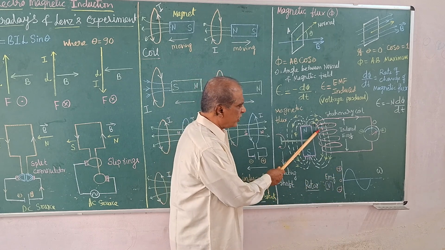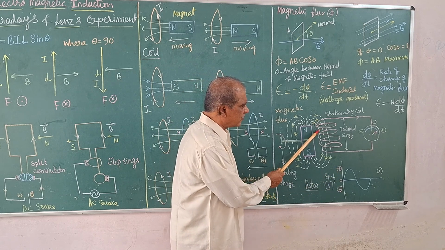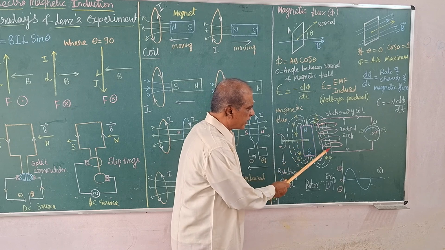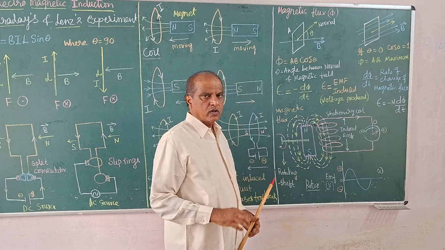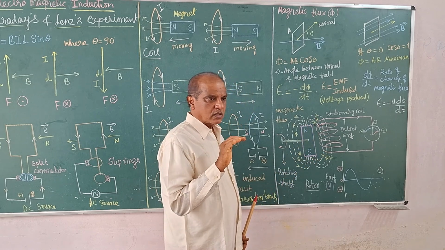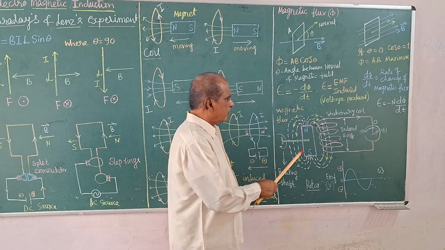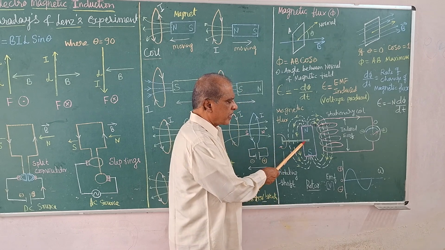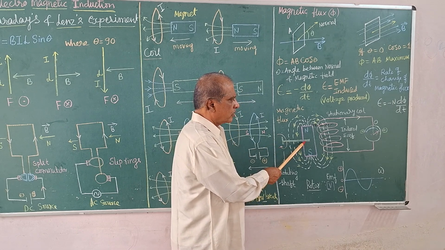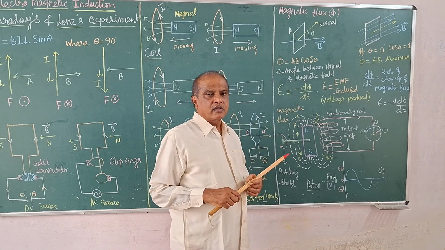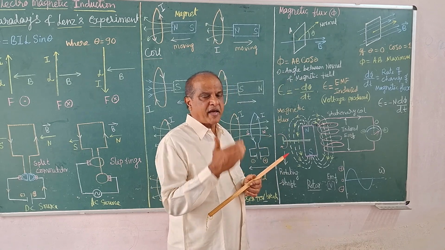This magnetic field, or magnetic lines of force, cut through the conductor while rotating this magnet. That cutting through the conductor produces a change in magnetic flux.